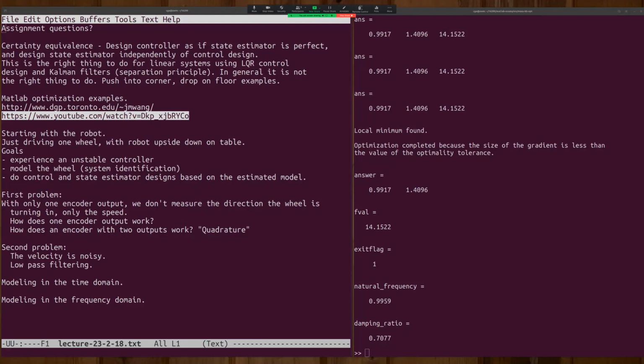And so this is a first step towards doing what you already did in the assignments on real systems. The next step after this, you're going to do the same kinds of things, make a model, design a controller, make a state estimator, but for the right side up robot, the balancing robot. Okay. Any questions on that?